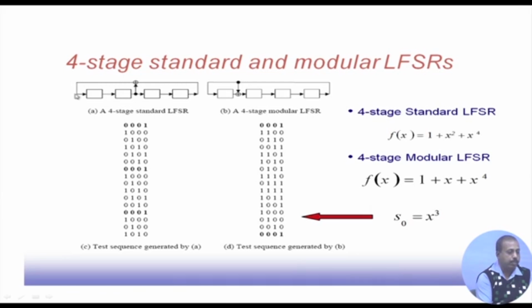They are summed up and fed to the first flip flop. In case of modular LFSR also, it is 1, x square, x cube, x to the power 4. So, x to the power 4 is definitely coming. In all the cases, you see that from the last cell we are always taking the feedback. So, this x to the power n term is always present.